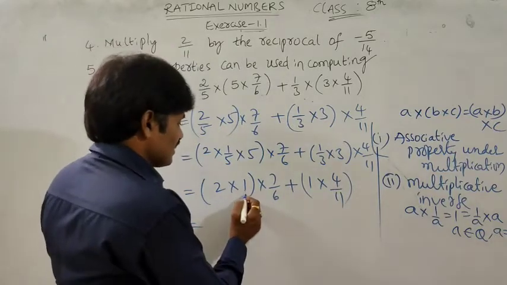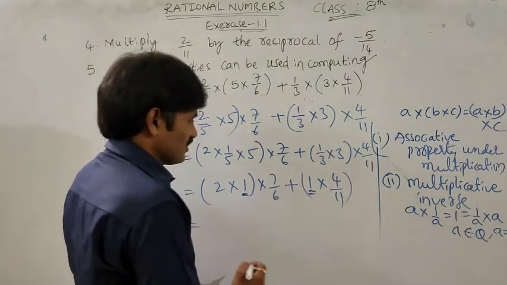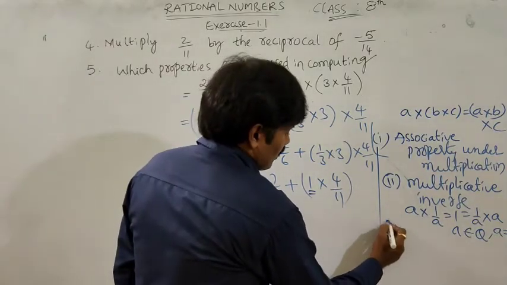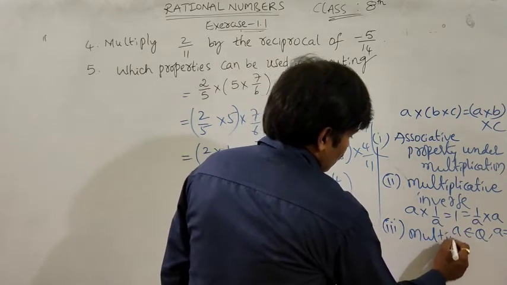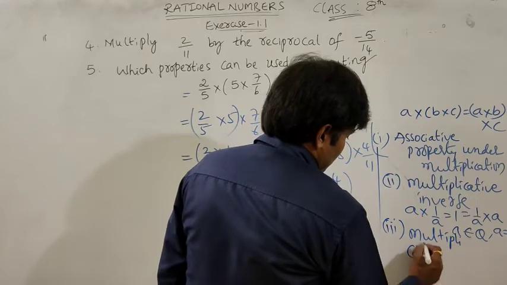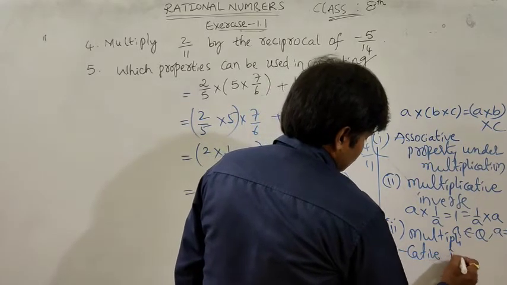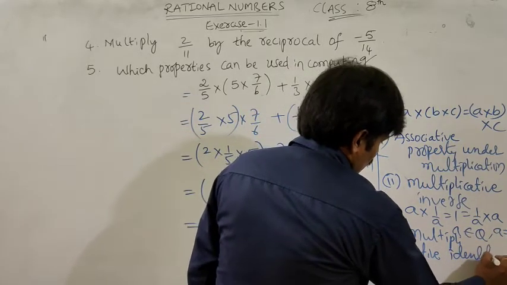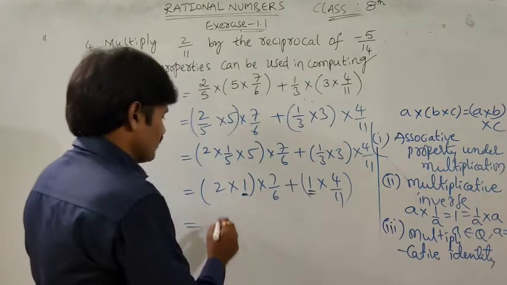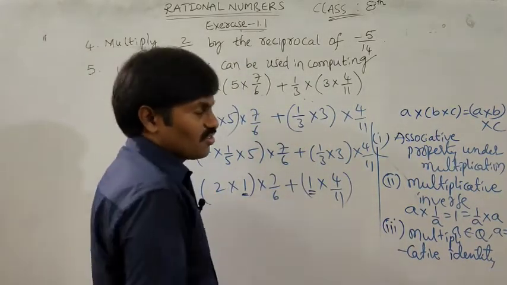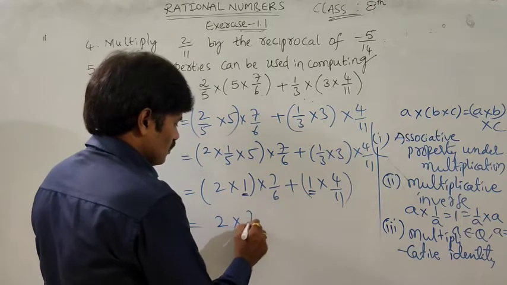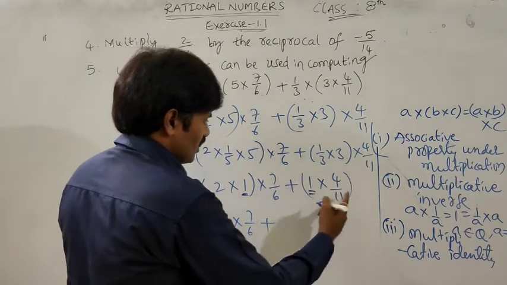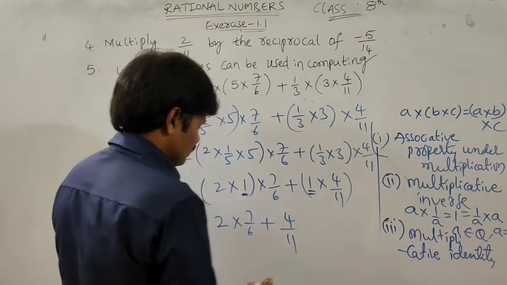Here 1 is the multiplicative identity. So the other property we are going to use is multiplicative identity, that is a into 1 is equal to 1 into a is equal to a. So 2 into 1, 2 into 7 by 6 plus 1 into 4 by 11, 4 by 11.